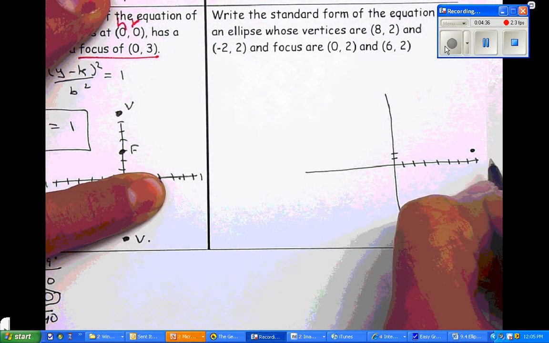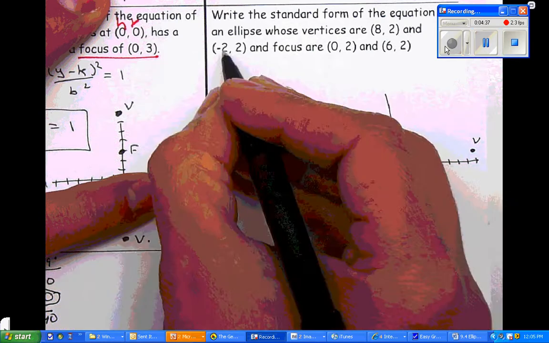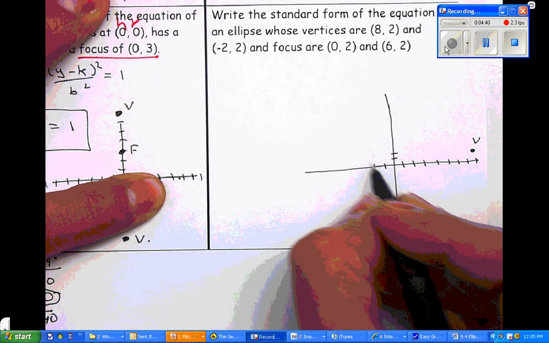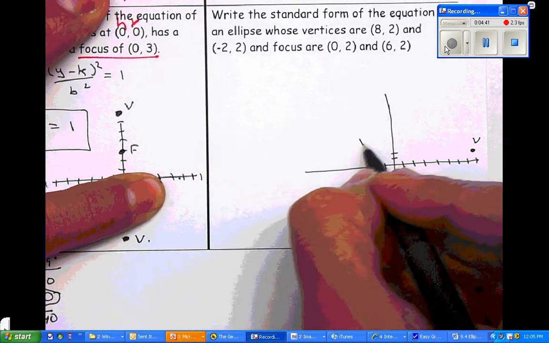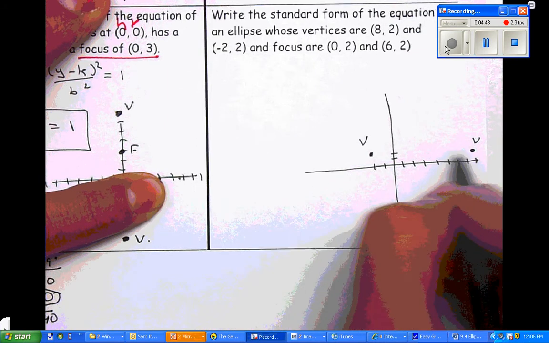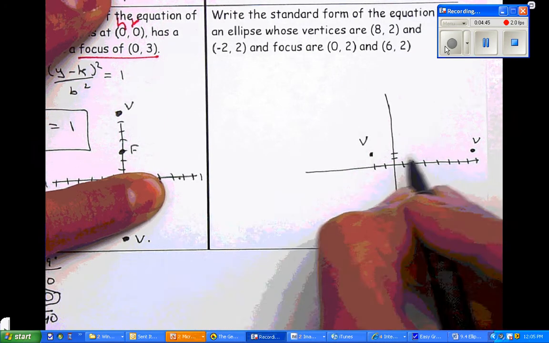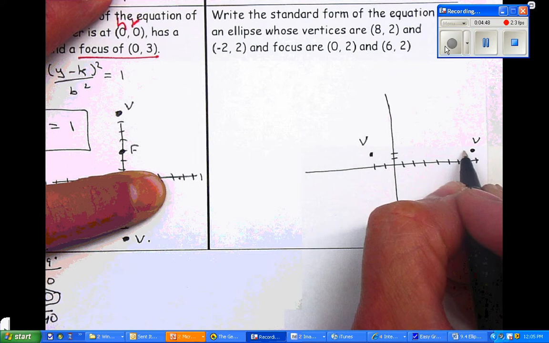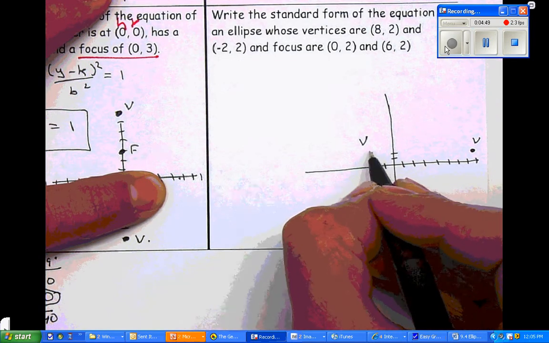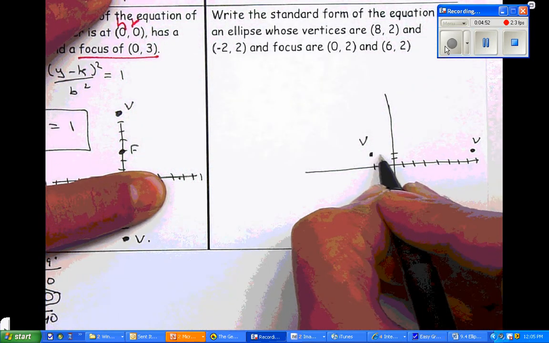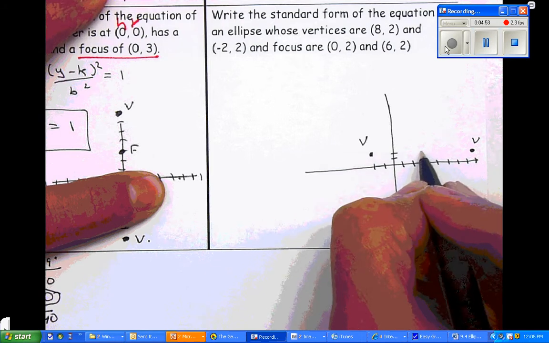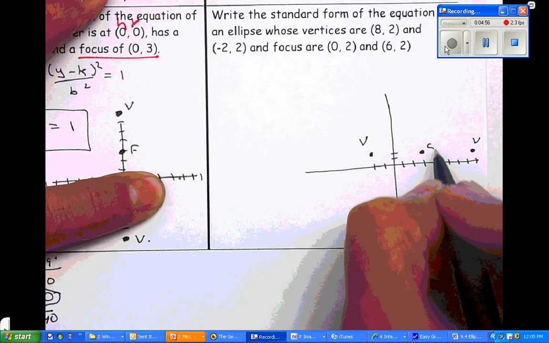So this is my vertex, and my other is (-2, 2). Now, we know that our center has to be right in between. These are 8 units. This is 2 units. So I'm going to count 5 units in between, and that'll be my center.